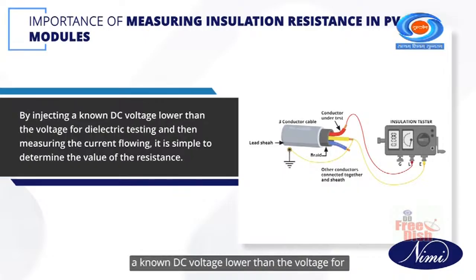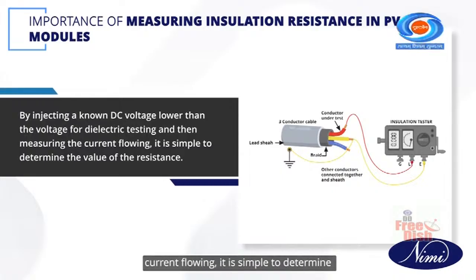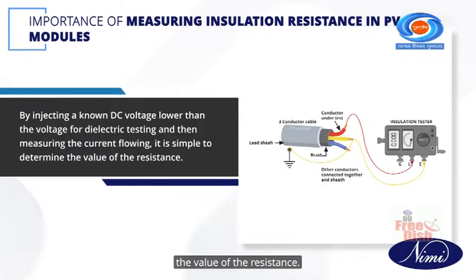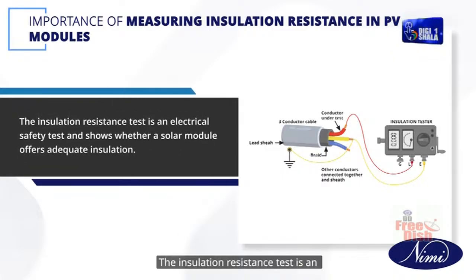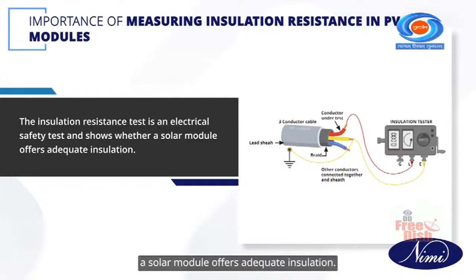By injecting a known DC voltage, lower than the voltage for dielectric testing, and then measuring the current flowing, it is simple to determine the value of the resistance. The insulation resistance test is an electrical safety test and shows whether a solar module offers adequate insulation.